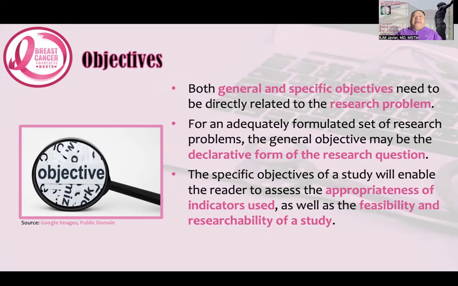So I just limit my specific objectives to three. One looks into the sociodemographic profile. Number two, the proportion of those with the independent variable. And number three, the proportion of study subjects who possess the outcome variable of interest.